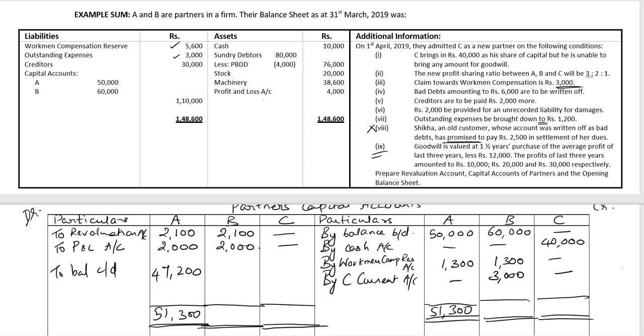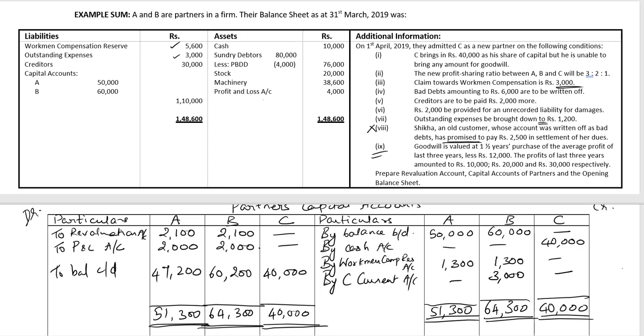The total for B is 64,300. We need to deduct 4,100, so we are left with 60,200. C's total 40,000, and the balance carried down is also rupees 40,000.